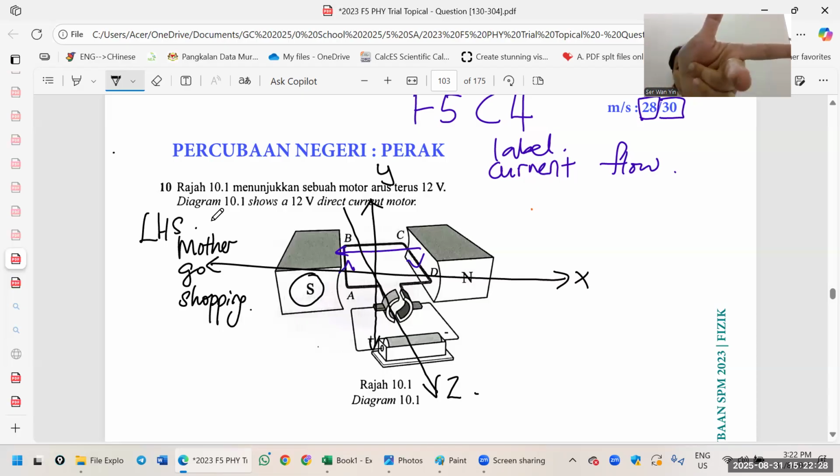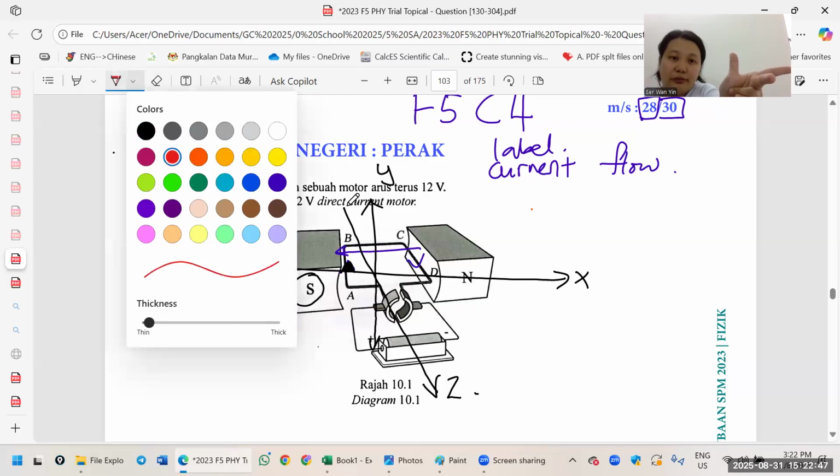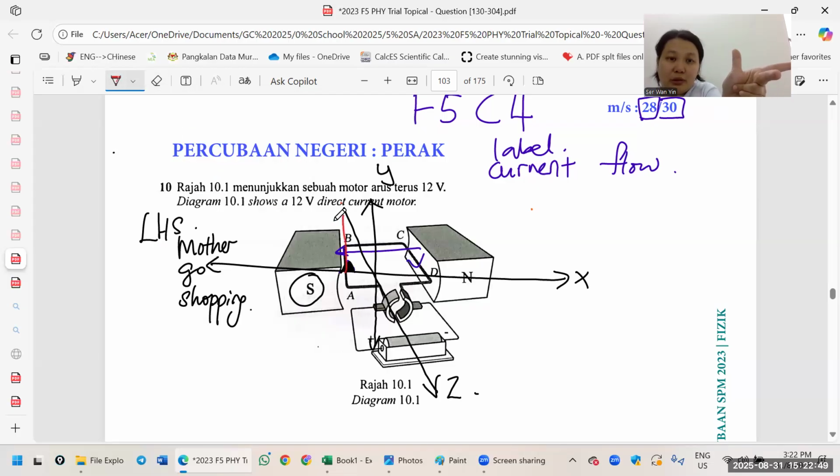Can you see that? Then you will see the middle finger goes up. So it will be the AB side. So this one fulfills your force going up.